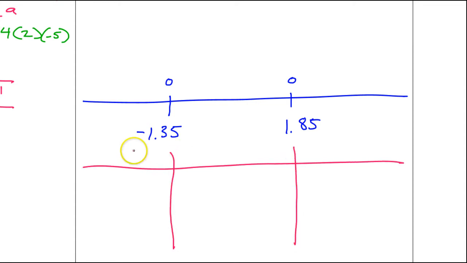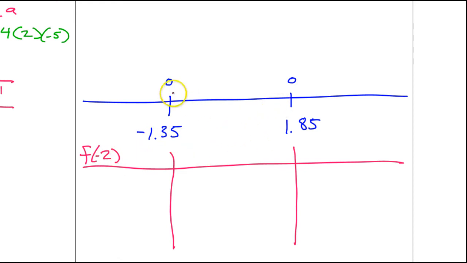So we will just need a test value in each interval. So we need a value in the first interval that is less than negative 1.35. So I could check the value of the function, for example, at negative 2, or I could have done negative 3 or negative 4.